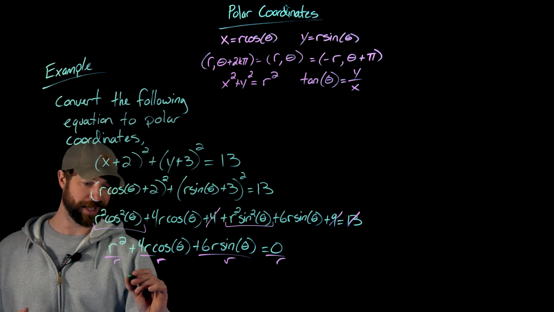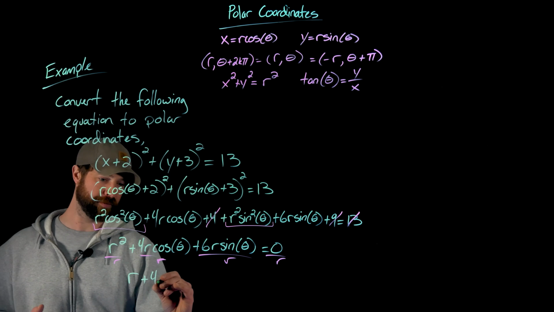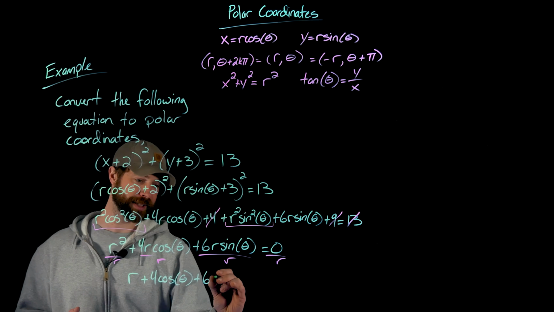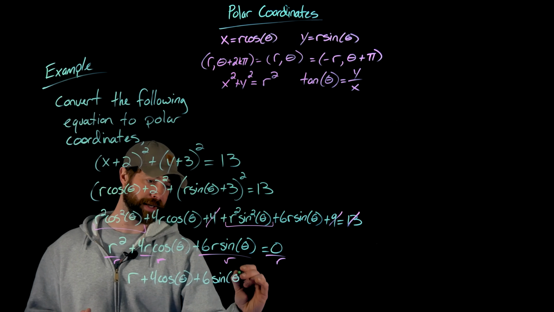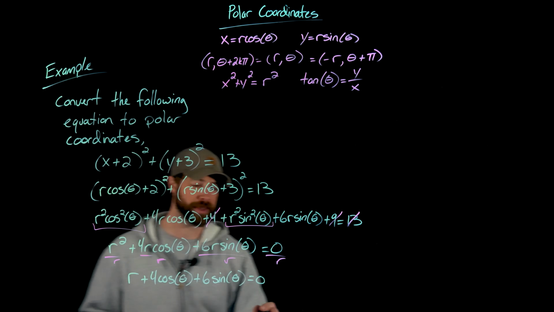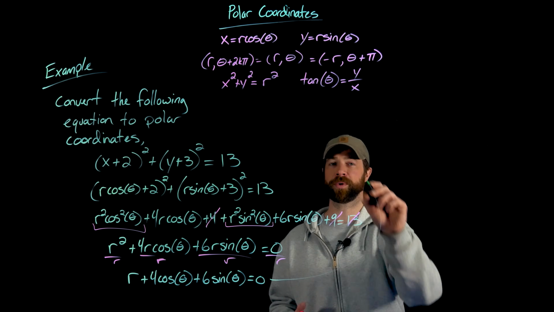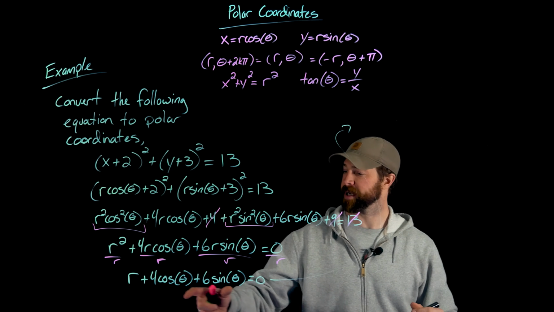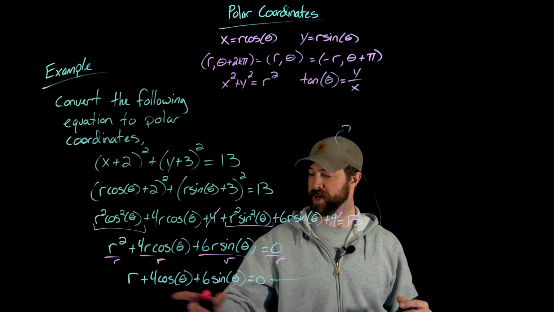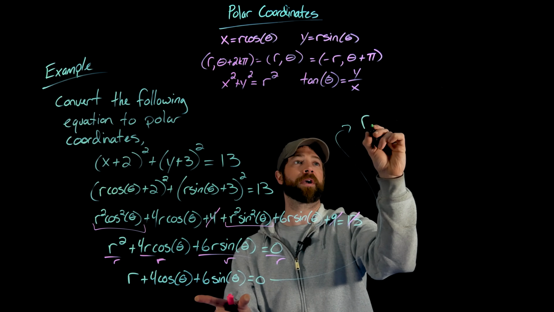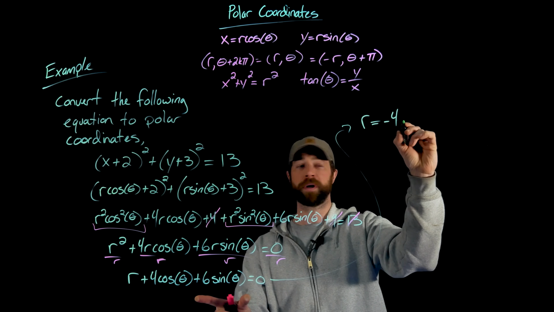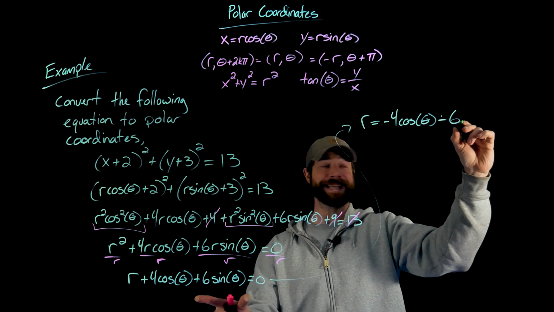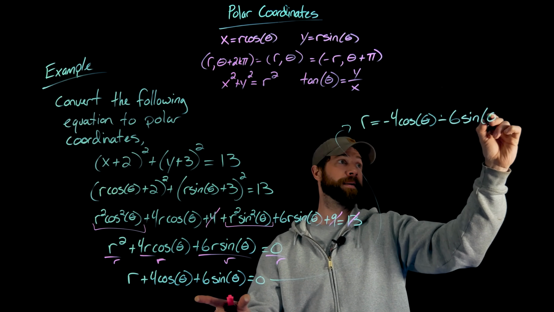And when I do that, I'll end up with r plus 4 cosine of theta plus 6 sine of theta equaling 0. And then just to rewrite this in terms of theta, what I'll do right here is just subtract over these two terms to get r equals negative 4 cosine of theta minus 6 sine of theta.